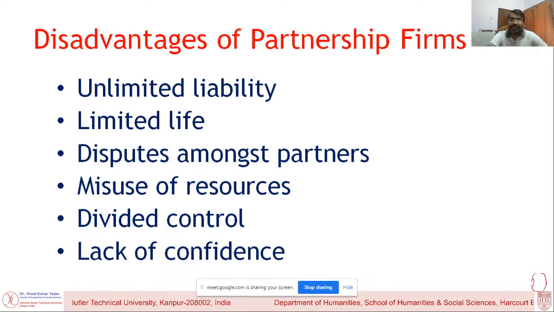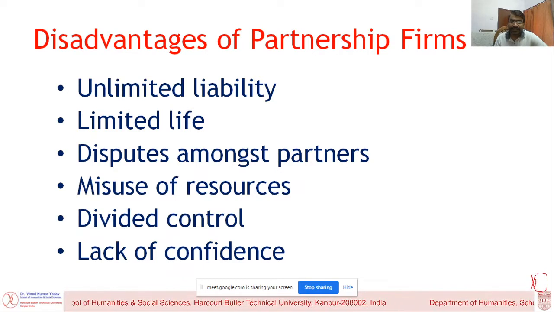Sometimes disputes amongst partners are very common, because when you are working on behalf of someone else, there may be differences of opinion, differences of faith. When you come together to start a business, you put in an equal amount of investment, you put in an equal amount of effort, but when it comes to sharing the profit, all partners have their own opinion that I have contributed more than this fellow.